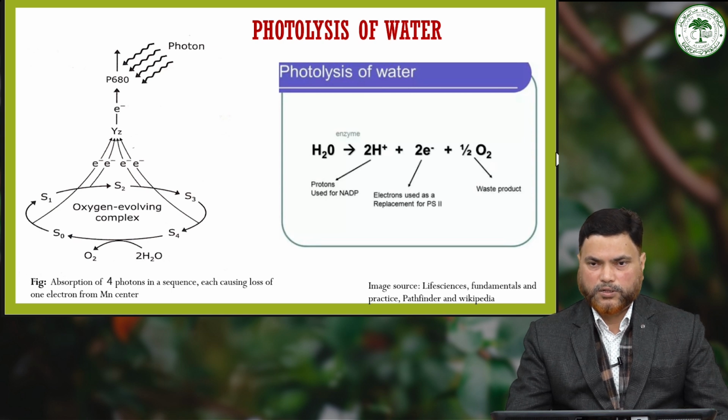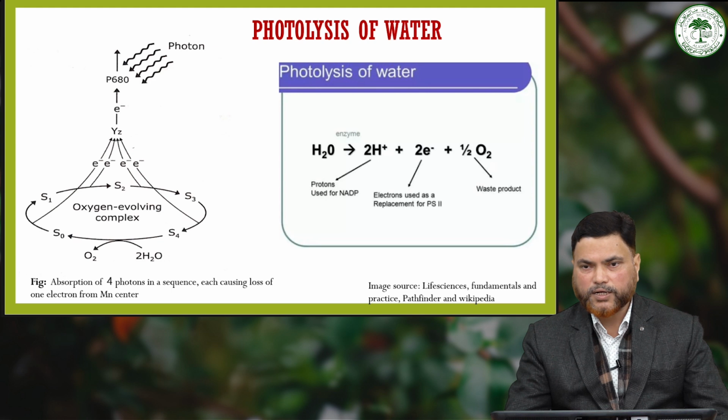The 4 electrons derived from the photolysis of 2 water molecules do not directly transfer to the excited P680, as this complex can only accept 1 electron at a time. You must note this at this juncture.